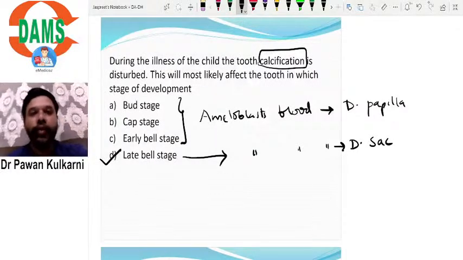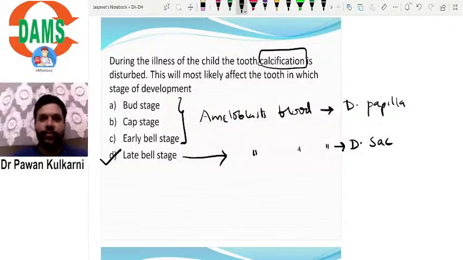In late Bell you see enamel and dentine formation, so blood cannot flow and nutrition cannot reach the ameloblasts. Hence, the ameloblasts depend upon the dental sac capillaries. So remember that in late Bell stage the tooth calcification is affected.